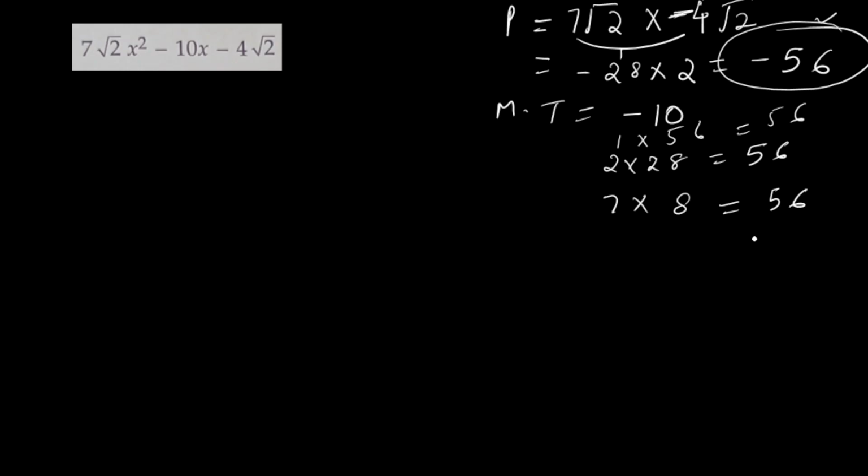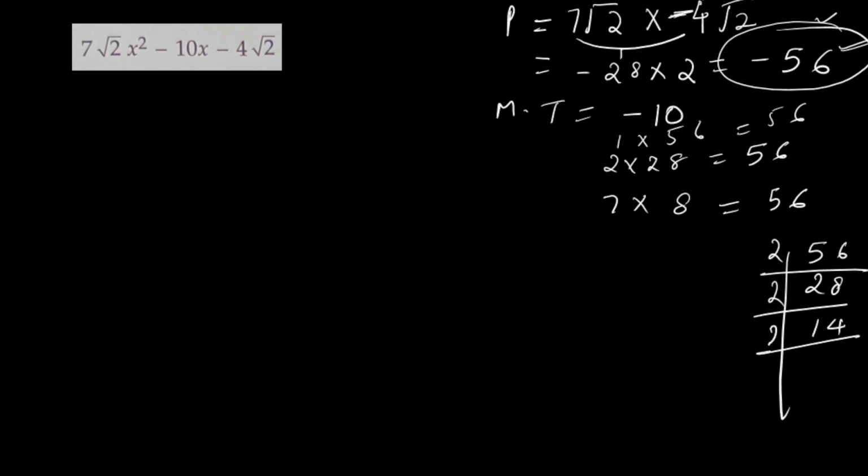Since 56 is a little big, we can make the factors like prime factorization also. So 2 into 28, 2 into 14, 2 into 7, 7 into 1. Like this also we can make the factors. If you are getting confused, since in all the previous questions the product was very small, we took the factors like that. Okay, so we can write this way.